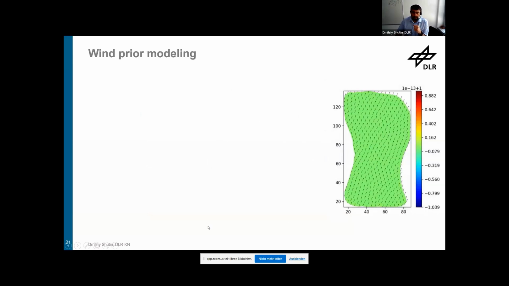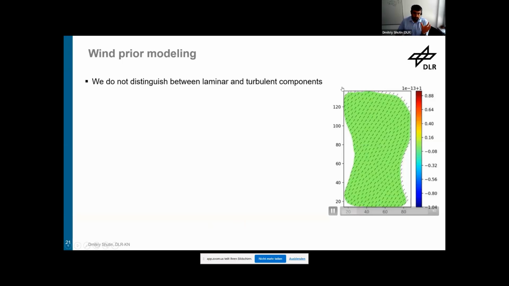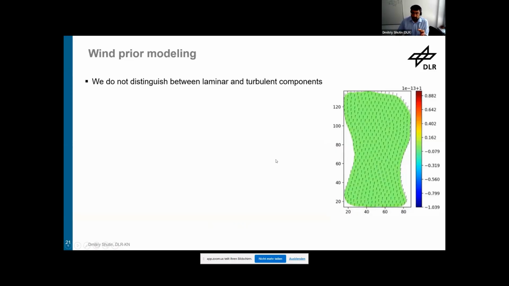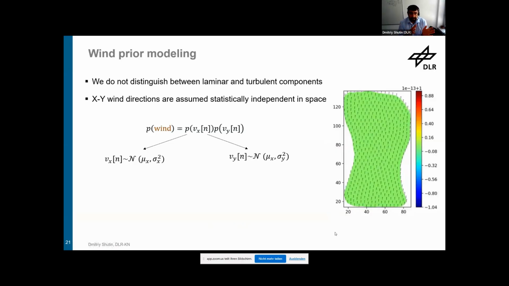So for wind modeling, we typically follow a very simple assumption. We first of all do not distinguish between laminar and turbulent components, which is a huge simplification, but we need to do that because otherwise we would also have to deal with the Navier-Stokes equation, and that will make our life really, really difficult. So we use a simplifying assumption by saying there is no turbulence. And we also say that the X and Y directions of wind are statistically independent.